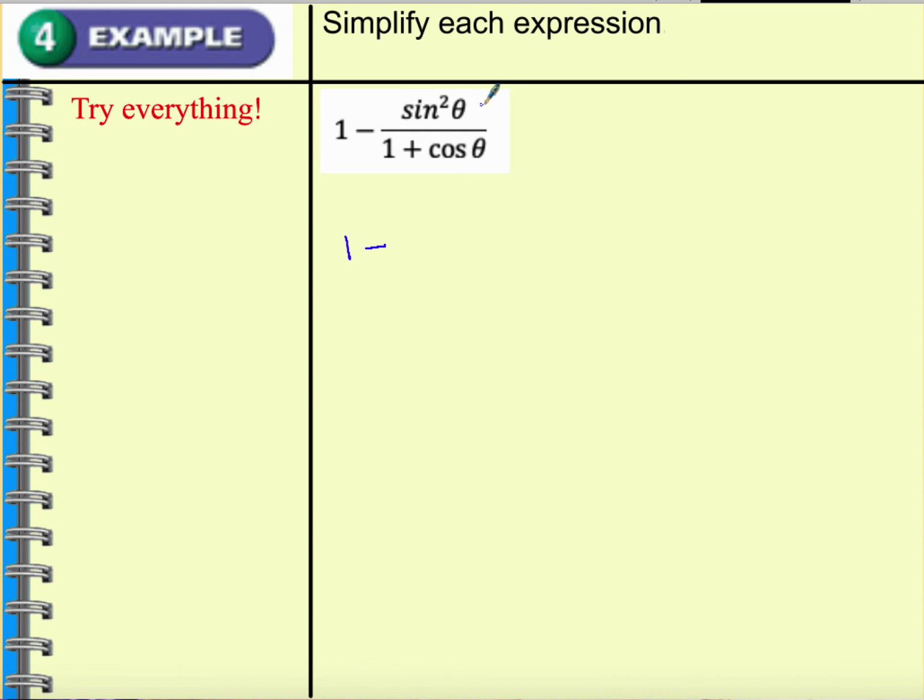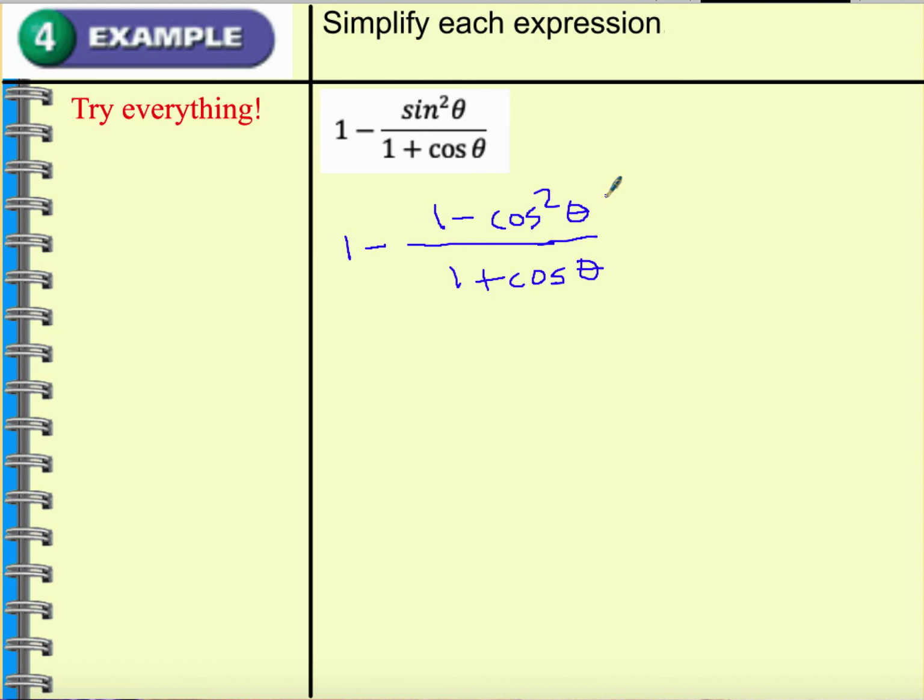Instead of writing sine squared, I'm going to use one of my Pythagorean identities. So I'm going to write 1 minus cosine squared. So you might think this looks like it's getting more complicated, not getting simpler. Okay. There is a method to my madness.